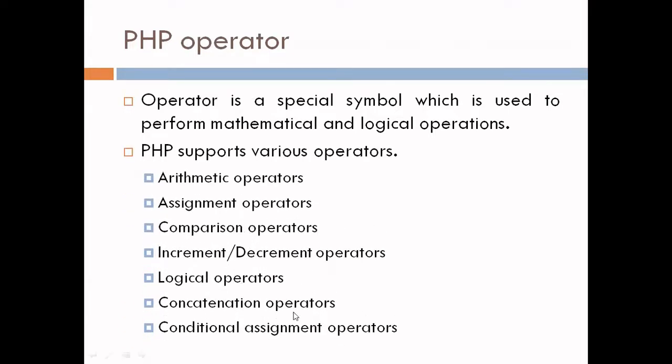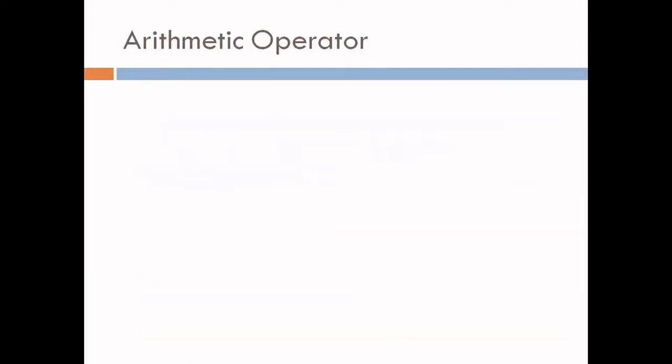PHP supports various operators like arithmetic operators, assignment operators, comparison operators, increment and decrement operators, logical operators, concatenation operators, and conditional assignment operators. Now, let's look at the first operator, that is arithmetic operators.